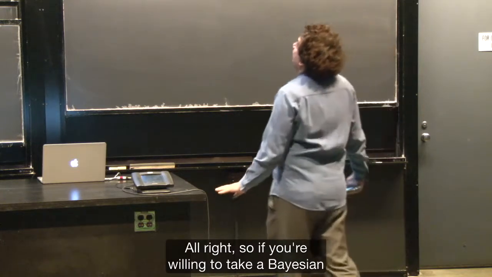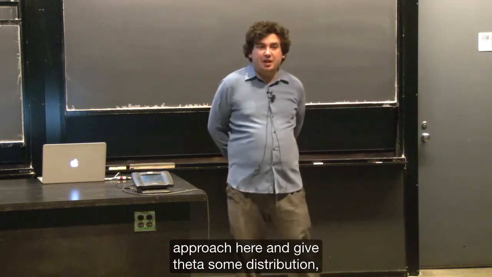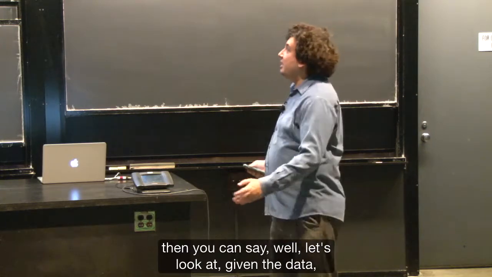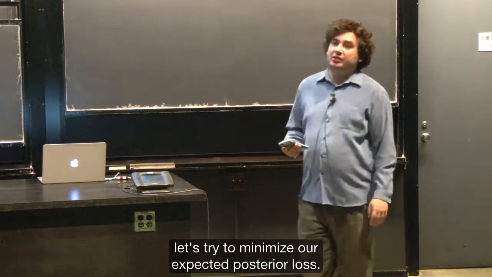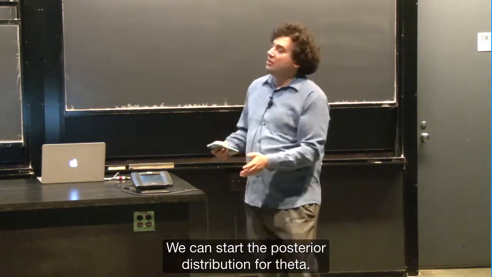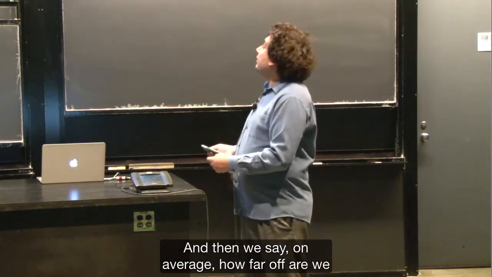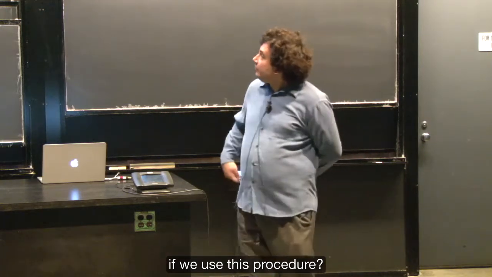If you're willing to take a Bayesian approach here and give theta some distribution, then given the data, let's try to minimize our expected posterior loss. That is, we have the data, we construct the posterior distribution for theta, and then we say, on average, how far off are we if we use this procedure?